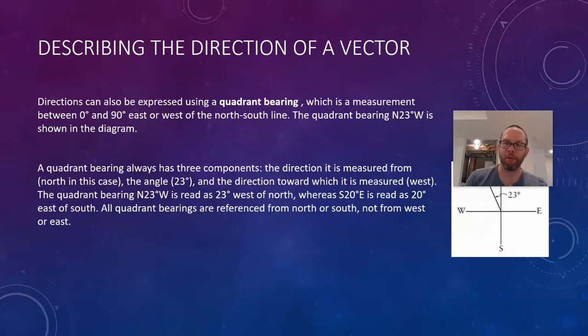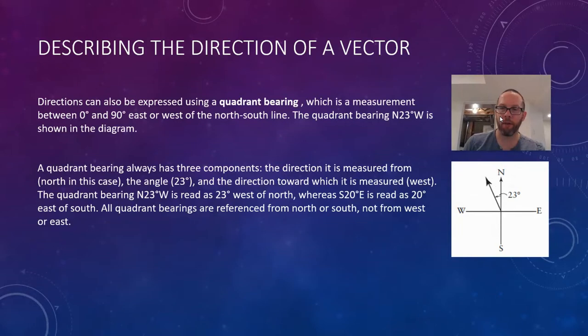People that have taken physics might be more familiar with this method of stating direction. These are called quadrant bearings. It's a measurement always between 0 and 90, east or west of the north-south line. In this diagram, we've drawn north 23 degrees west, meaning from north, go 23 degrees to the west.